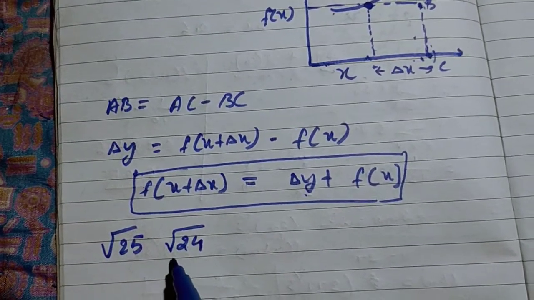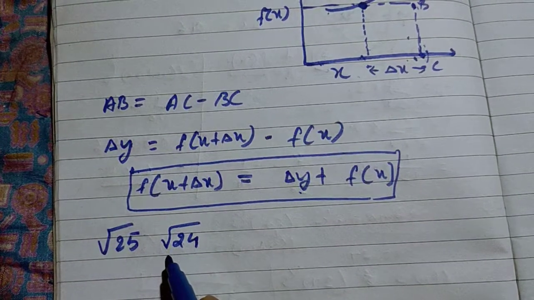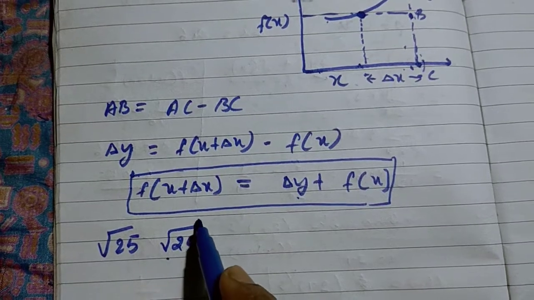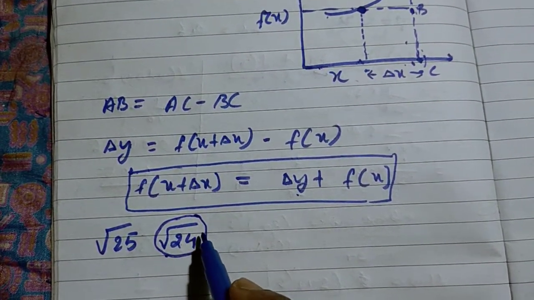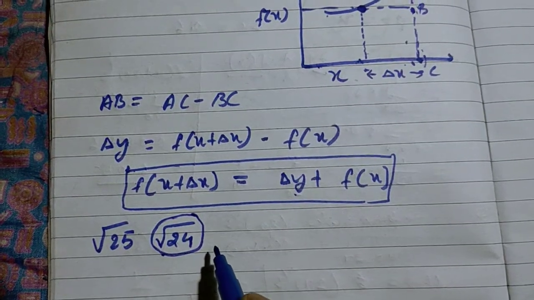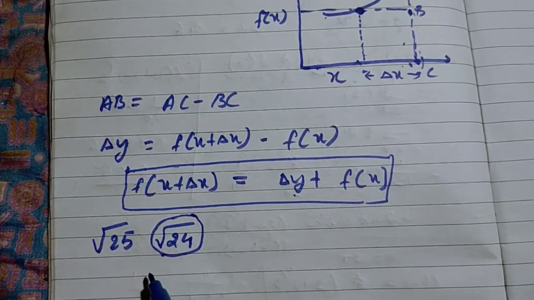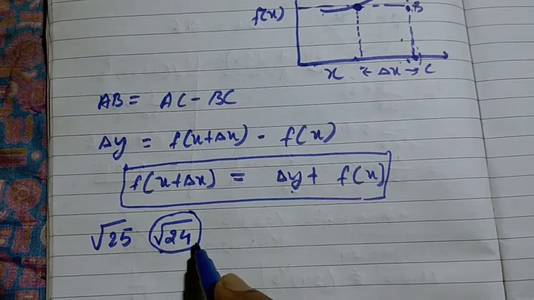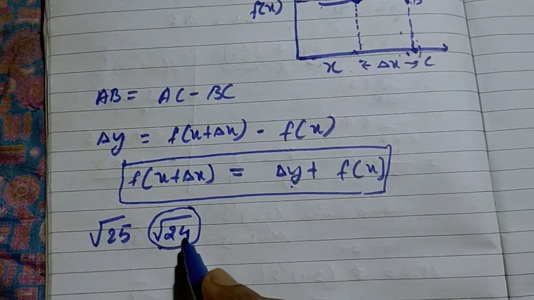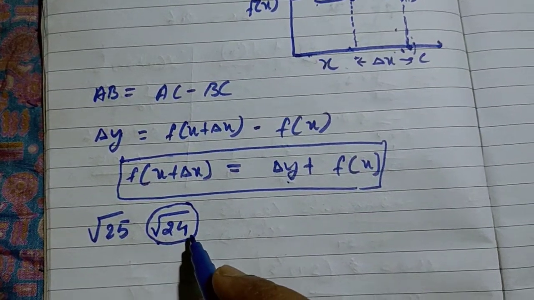But if we have to find under root 24, it is very difficult. That is why we are going to use here approximation using differential. So here under root 24 we cannot find, but using differential we can find.